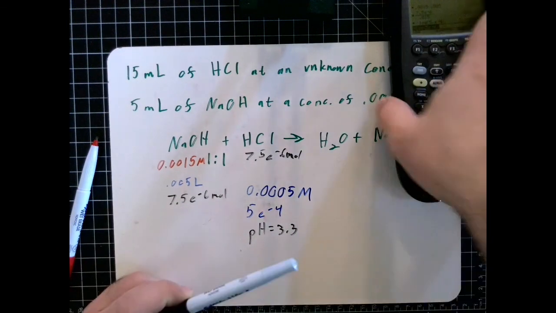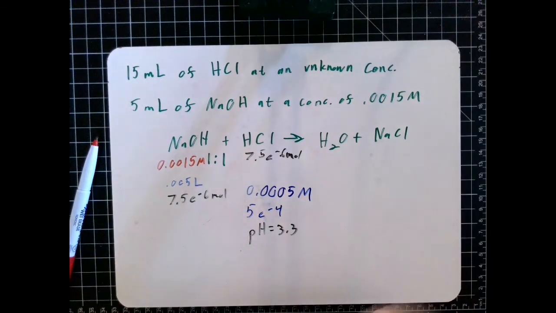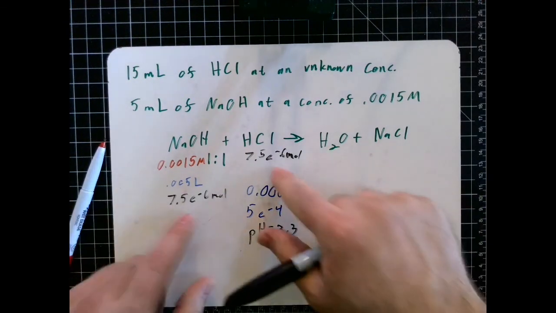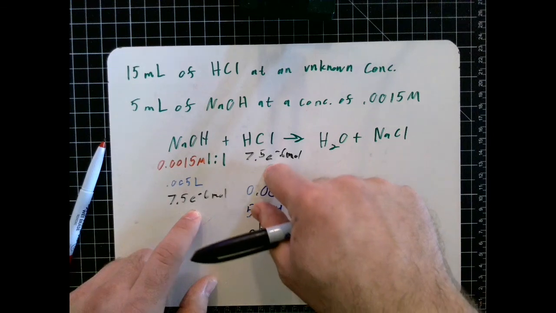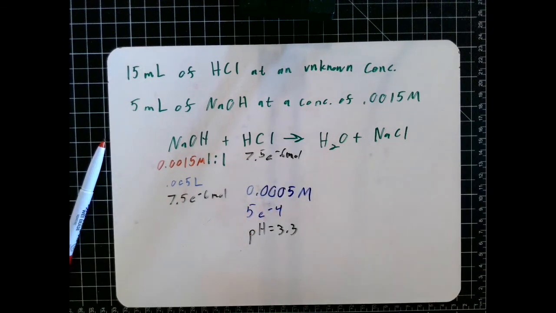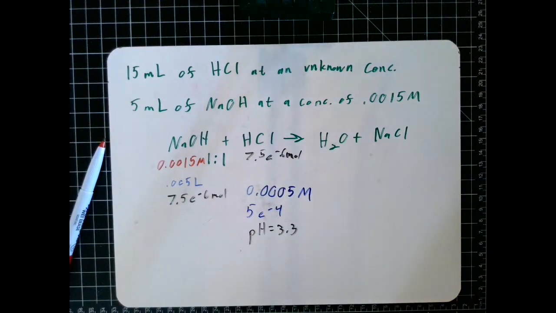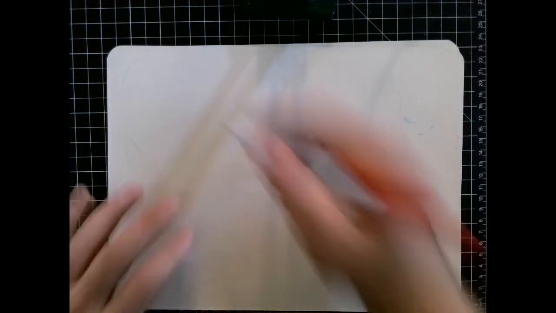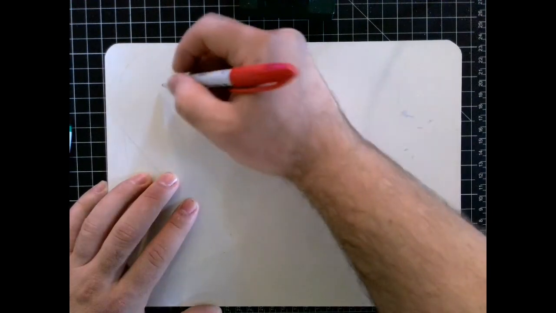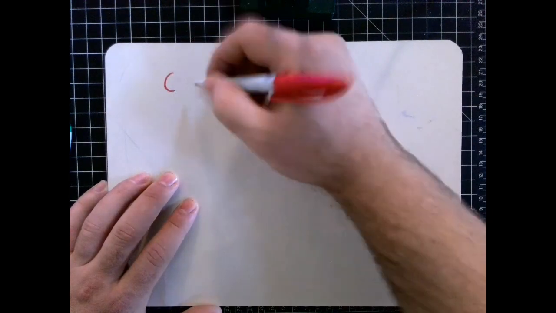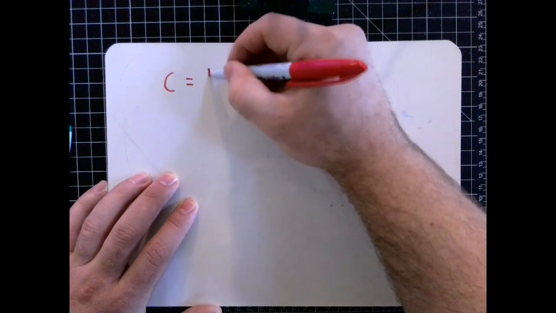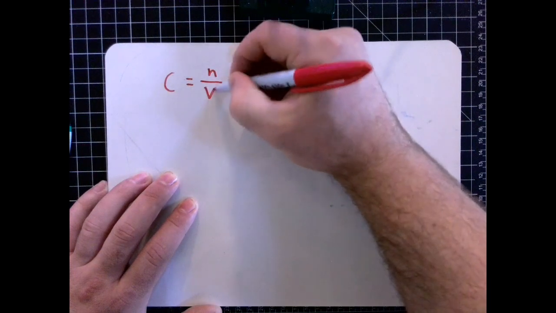Now, a shortcut is to recognize that my number of moles is going to be the same. Let's write out our general form for figuring out concentration. C for concentration equals number of moles divided by volume, right?